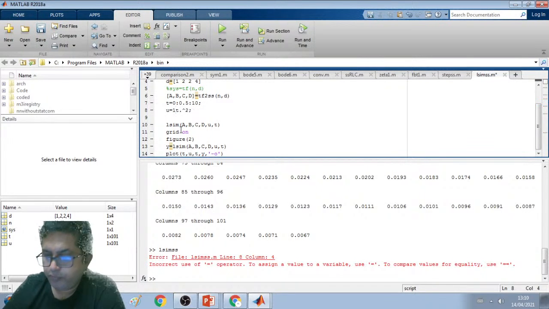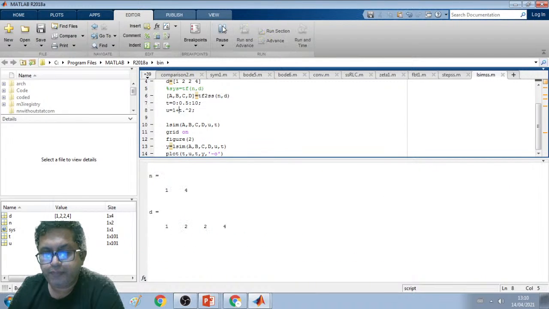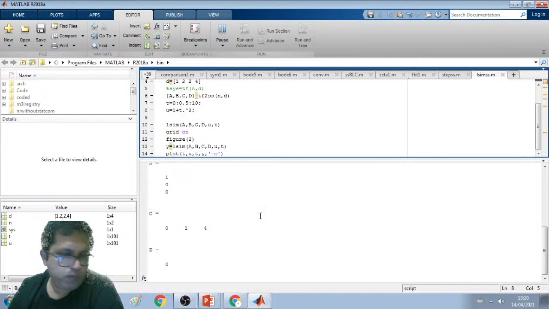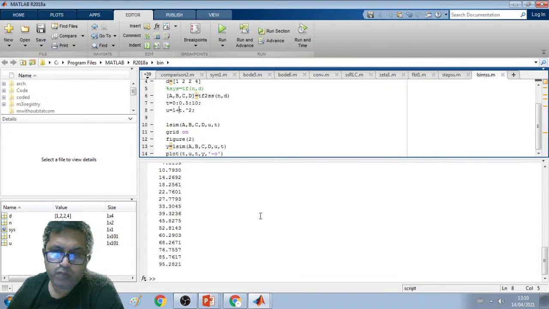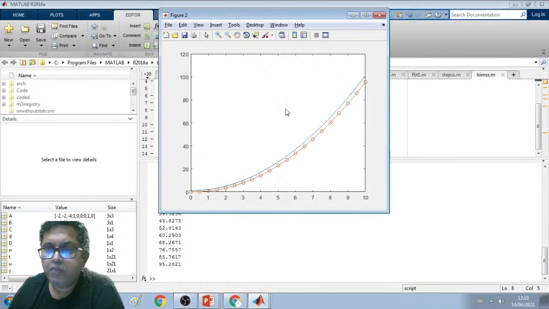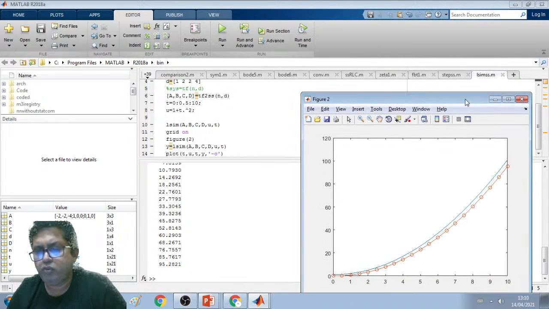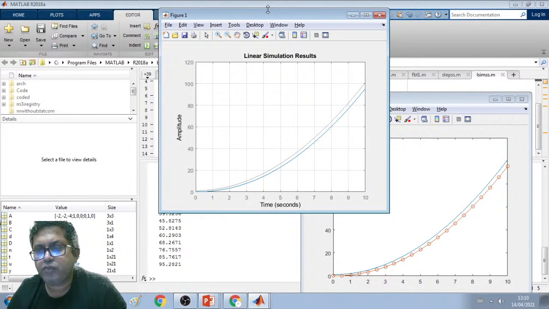Okay, this is 1 plus. This is figure 2. Of course, you got figure 1 also.